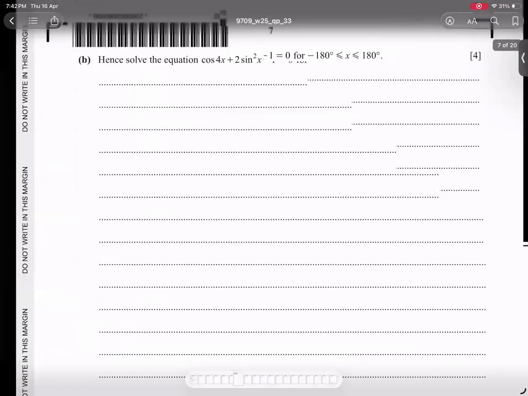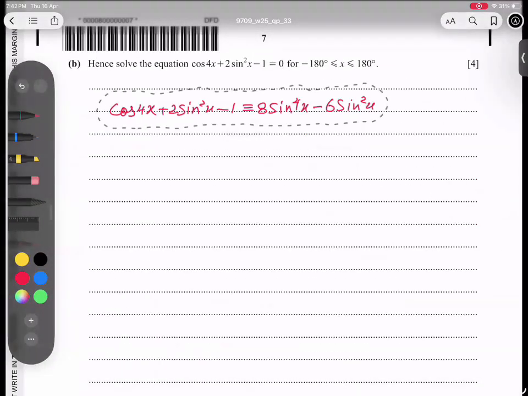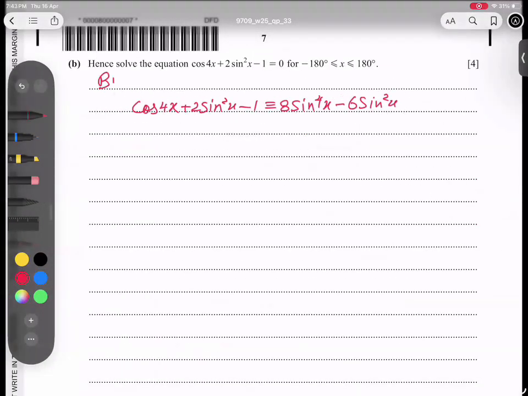And when I paste here, so I can say here, by using this part A, students, can you see this whole thing is equals to what? 0.